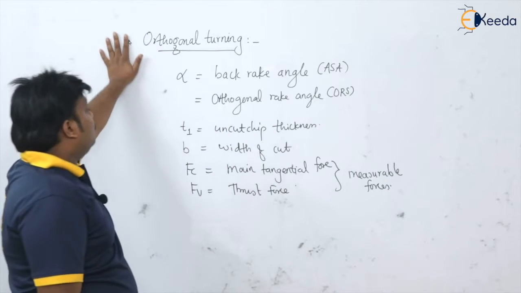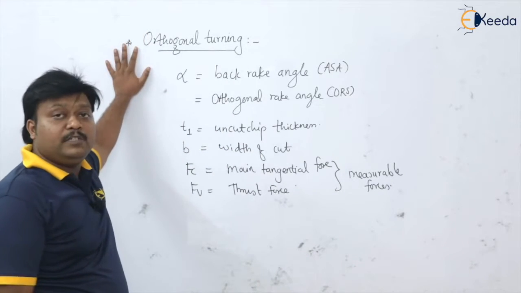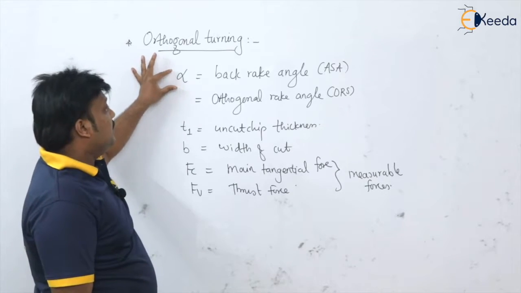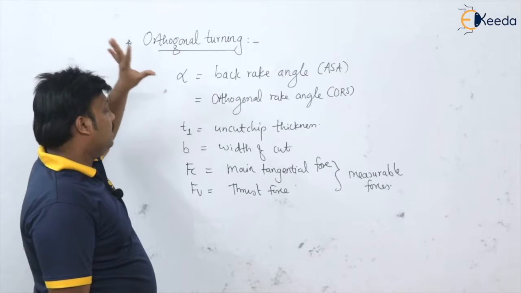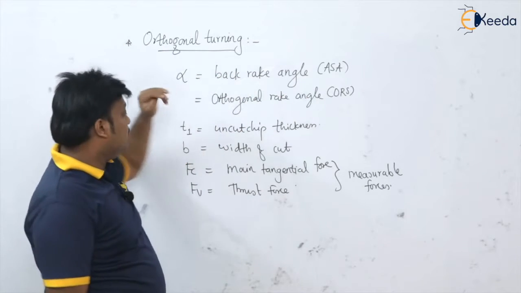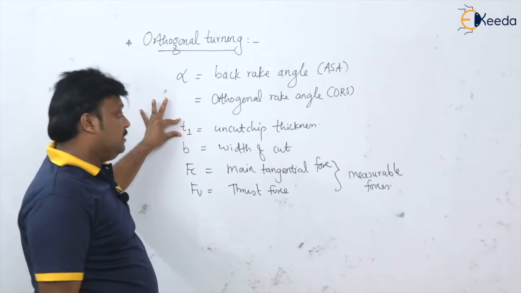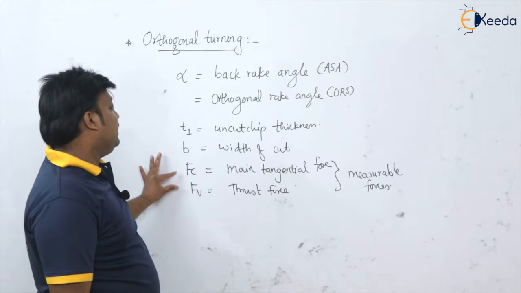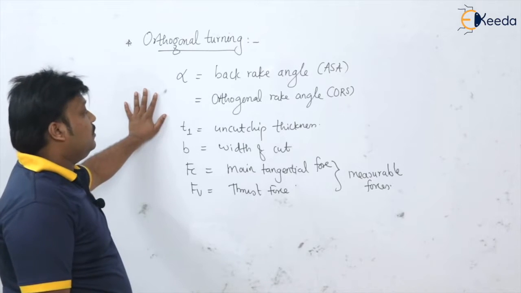Okay, so this thing we have to take from the question. So alpha is the rake angle, it may be the back rake angle or the orthogonal rake angle as per the tool signature. T1 is the uncut chip thickness, B is the width of cut, FC is the main tangential force, and FT is the thrust force.